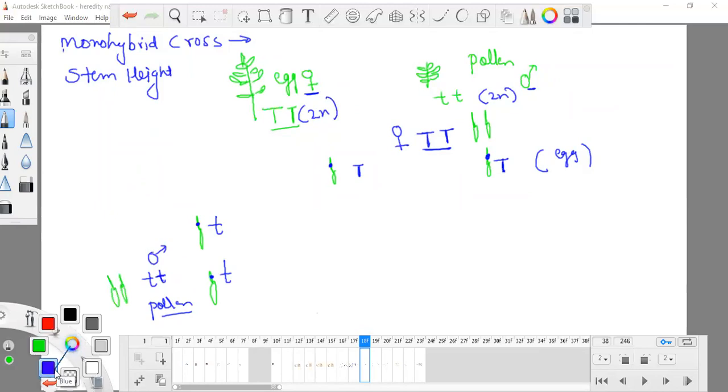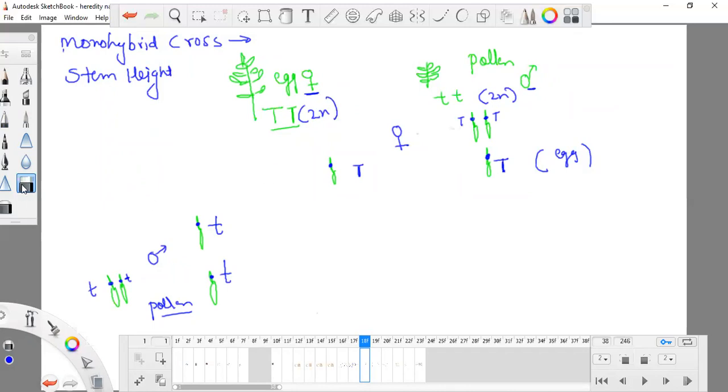So this is the parent, and this is the parent. And now they are getting half. So I am removing this, so you can understand in a better way. Wait for a minute.